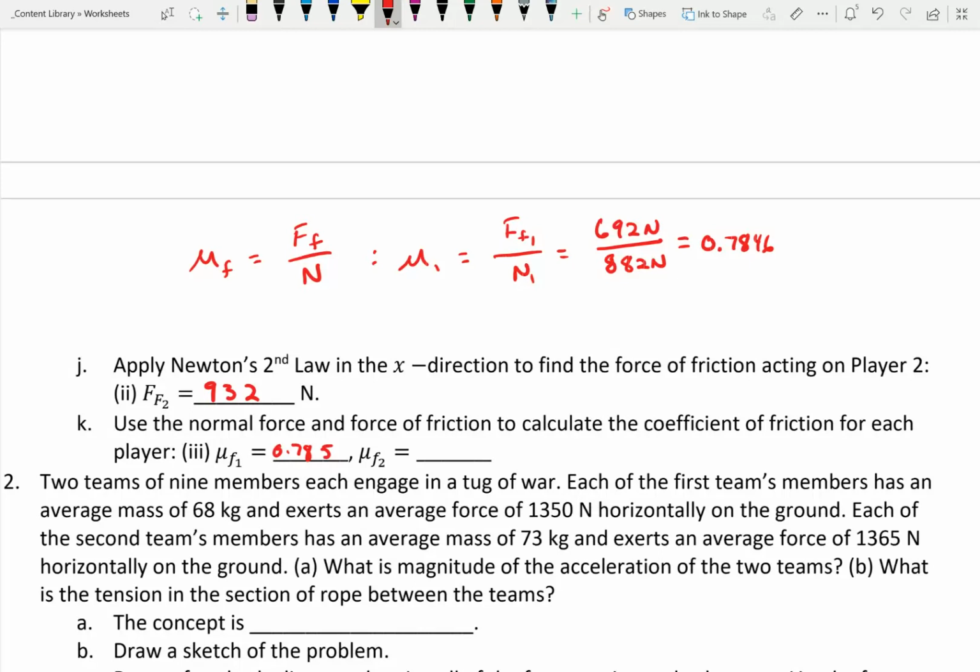And now for case number 2, where clearly 110 times 9.8 is 1078. Yeah. Change color here just so it's clear that we're doing something different.